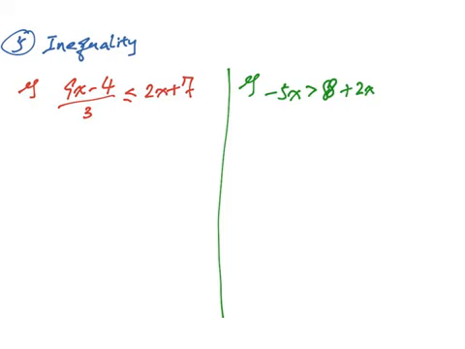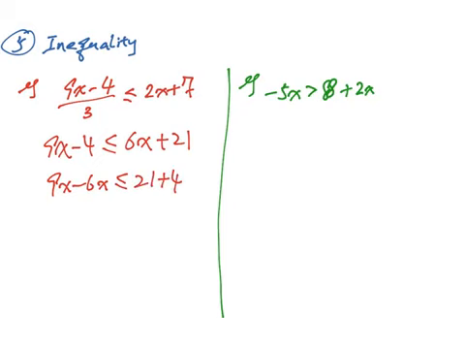Next is about inequality. Let's see this example. We move 3 to the right hand side. It becomes 9x minus 4 less than or equal to 6x plus 21. And then 9x is bigger than 6x, so 9x minus 6x less than or equal to 21 plus 4.